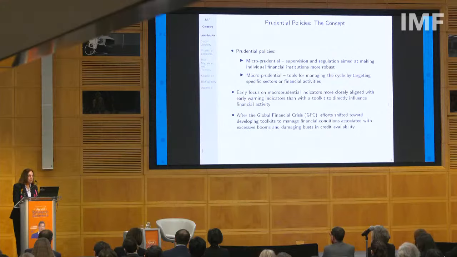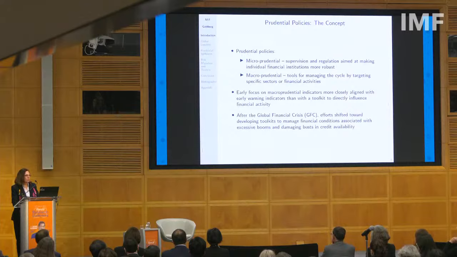Here at the IMF, in 2001, the conversation in front of the executive board was around furthering the compilation, use, and analysis of macroprudential indicators of the health and stability of financial systems in light of the experience that had been gained to date. This early focus on macroprudential indicators, however, was more closely aligned with early warning indicators than with a toolkit to directly influence the structure of financial activity.